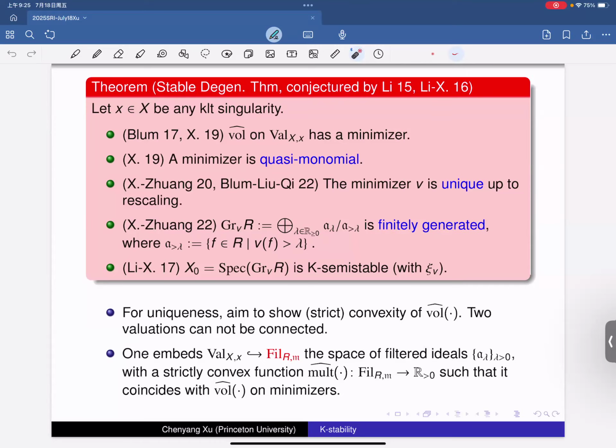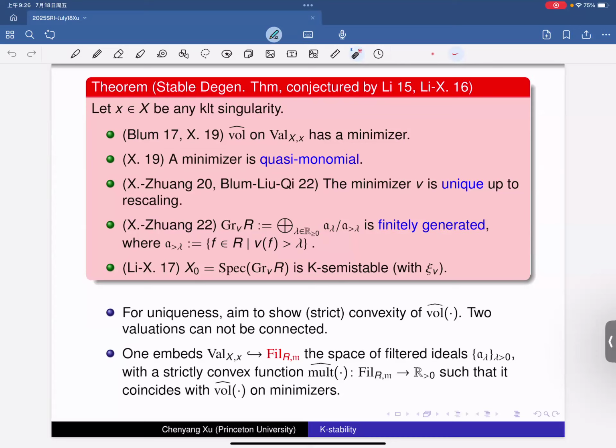Here I didn't define what K-semistable is. There is a definition of K-semistability in this setting, I think first introduced by Collins and Székelyhidi, which is closely related to whether there is a Sasaki-Einstein metric, but there's a local version corresponding to that.